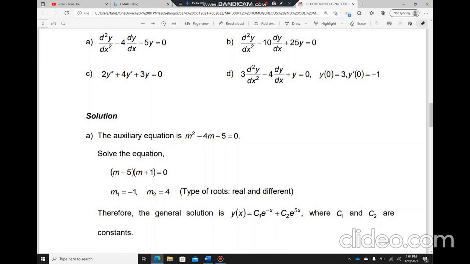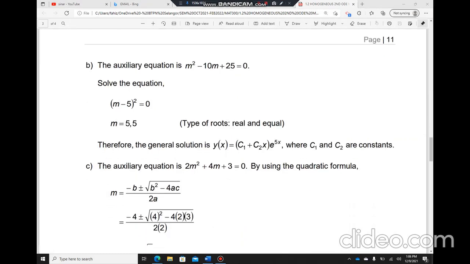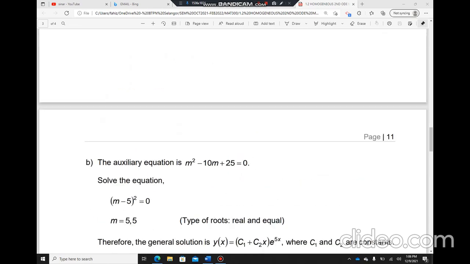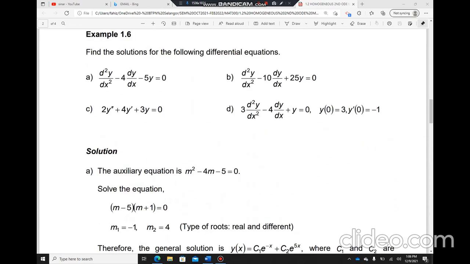Okay, so this one for example 1.6a. Okay, next, B, the auxiliary equation is m square minus 10m plus 25. So kita tukar dulu pada bentuk auxiliary.